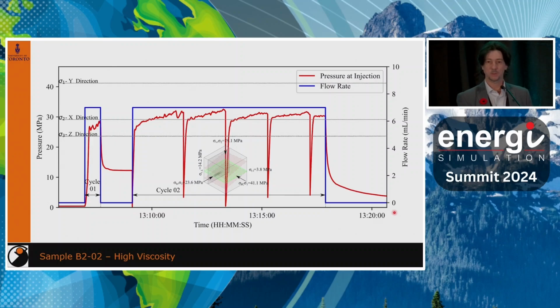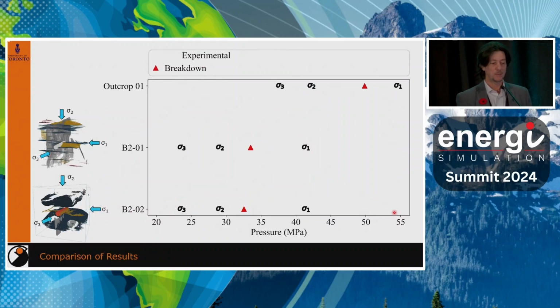What we discovered is that the breakdown pressure is pretty much the same whether you use surfactant or just slick water. So how the fracture propagates changes, but the breakdown pressure does not. And up to that time, they were convinced that they needed surfactant to facilitate the initiation of fracture.